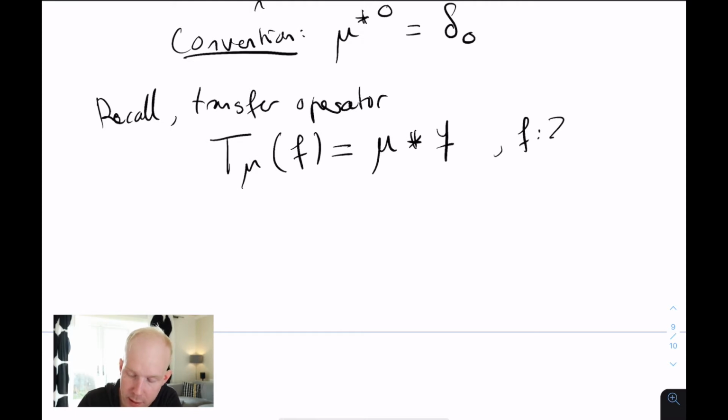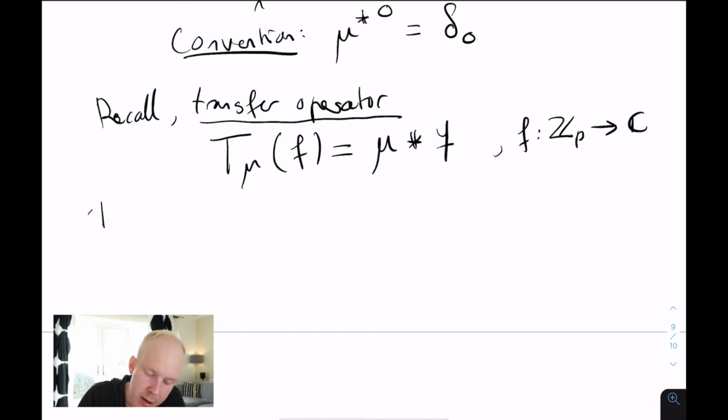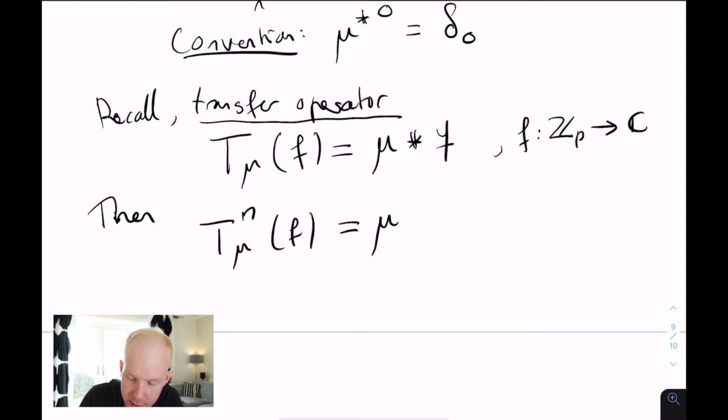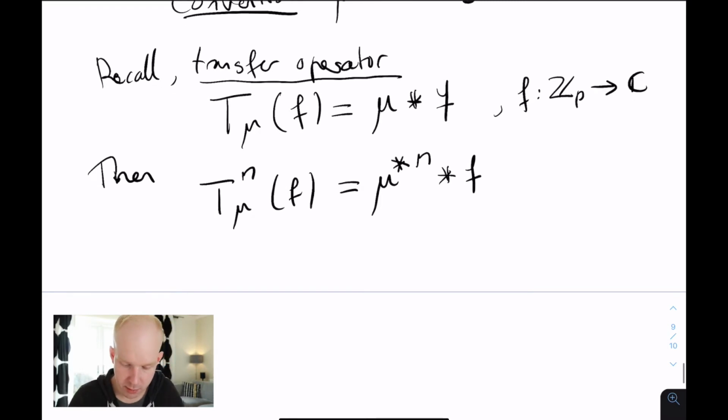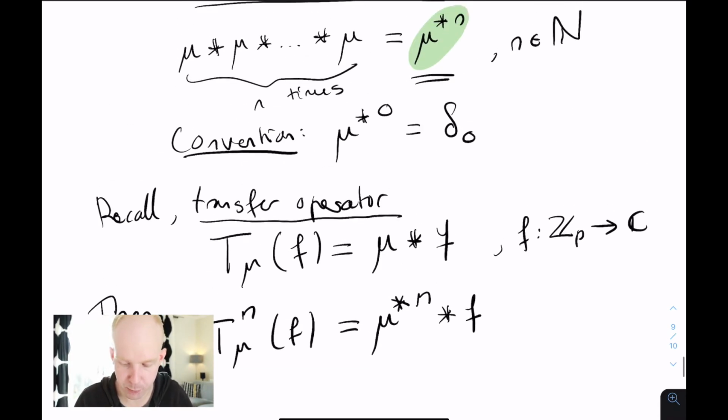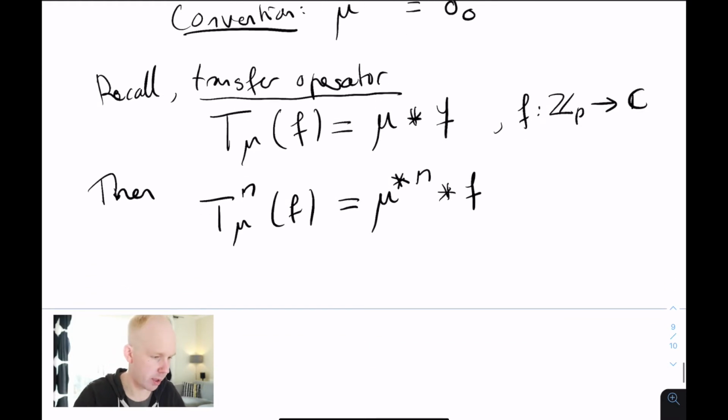So f is a function from Z_p to C. Then, if you iterate this, if you take this to some power n and apply it to this same function, this is just basically the iterated convolution, n-fold convolution with the initial condition. So when you're transferring the initial state that you started for the whole process, this basically connects back to the definition of transfer operators that we have considered.